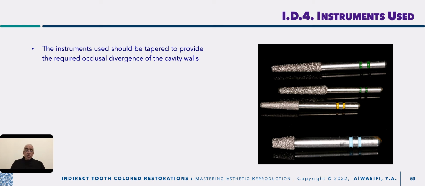When you purchase any of these, you could note what is written on the back about the degree of tapering, which should be from 6 to 8 degrees to provide you with the required divergency. Also, you need to use diamond points with rounded edges, not with absolutely sharp line angles.